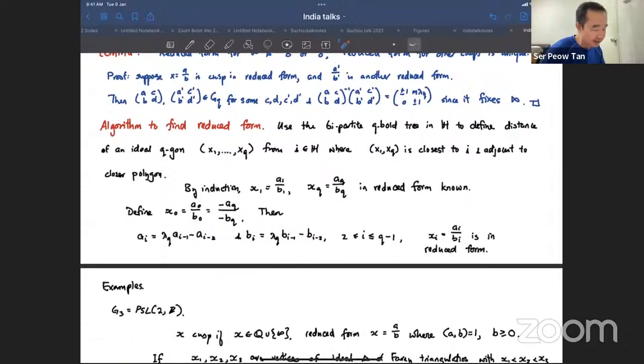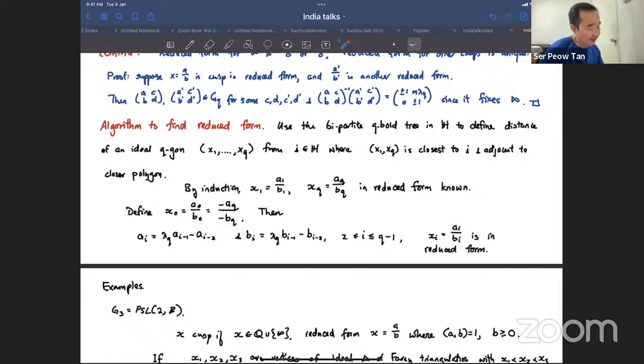Suppose that I have an ideal Q-gon x1 up to xq, and suppose that we know the reduced form for x1 and xq. Then I define the reduced form for x0 to be minus aq over minus bq.